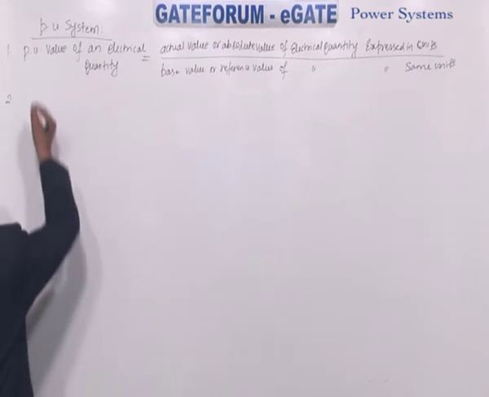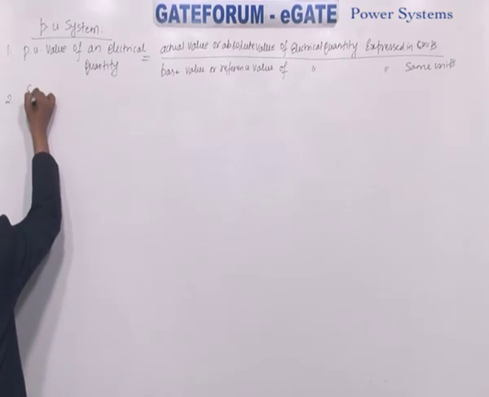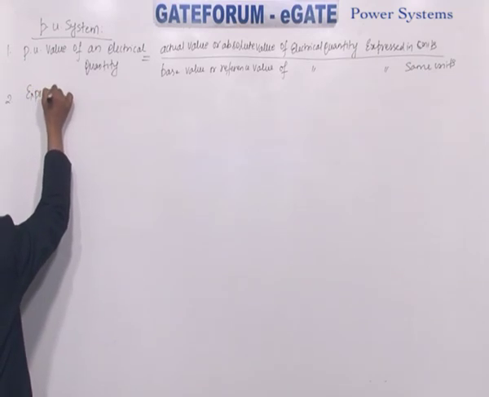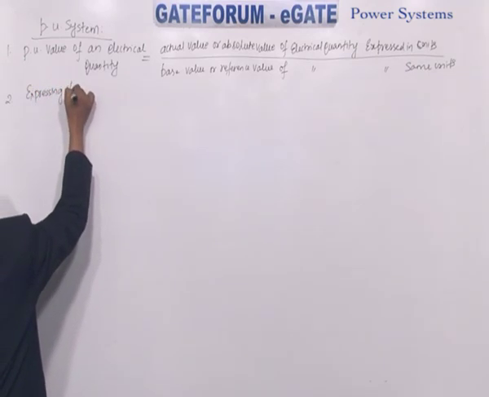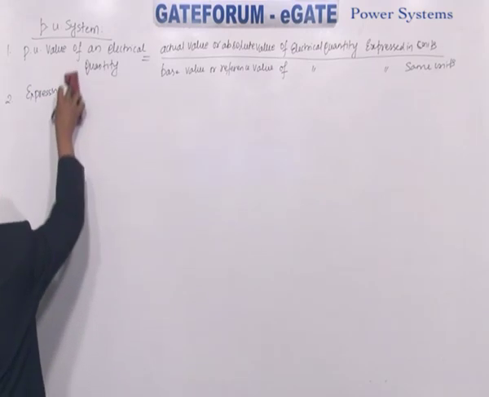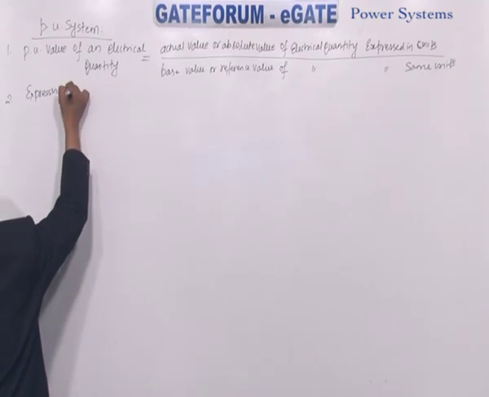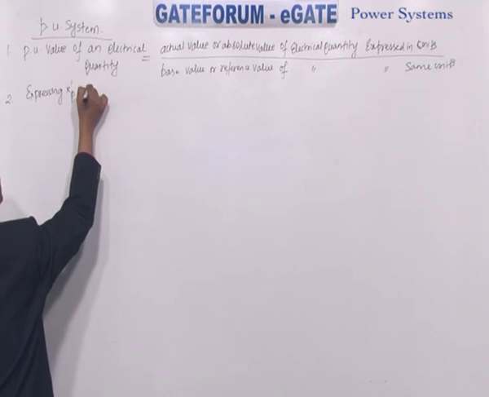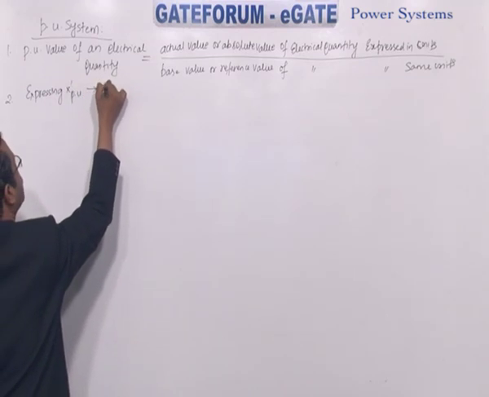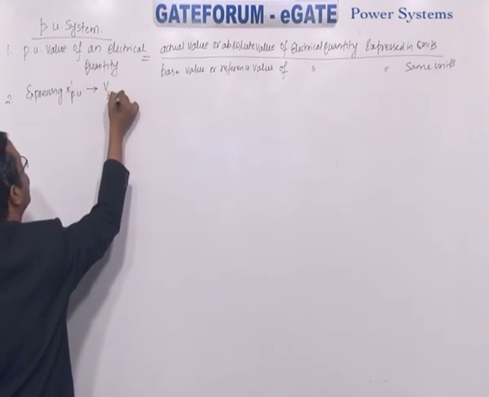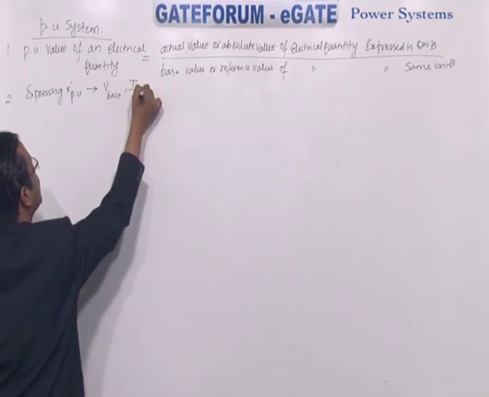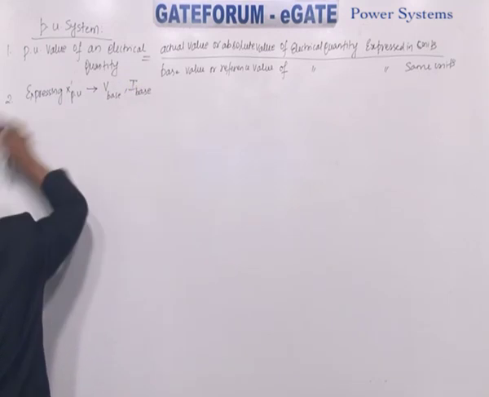So now we check the second aspect, expressing per unit reactance in terms of base voltage and base current.